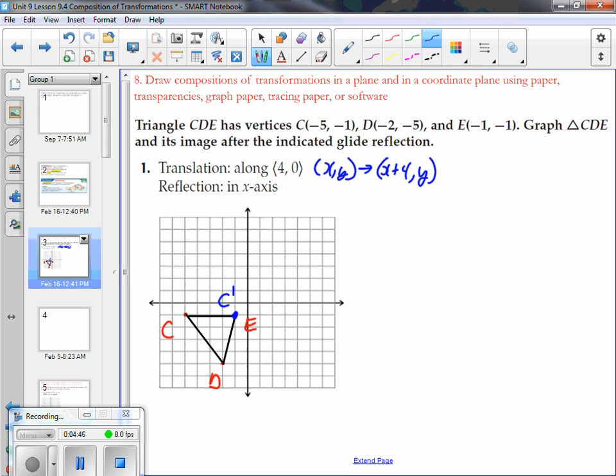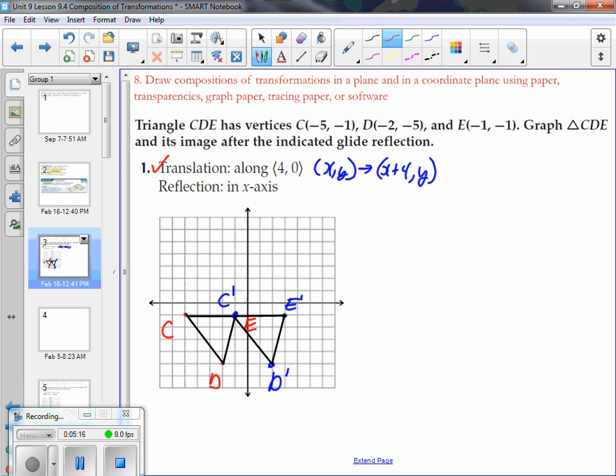Then E prime will be 4 to the right, 1, 2, 3, 4, right there, and D prime 4 to the right, 1, 2, 3, 4, right there. Then we use our straight edge once more.